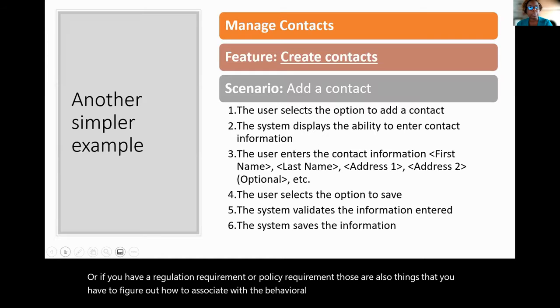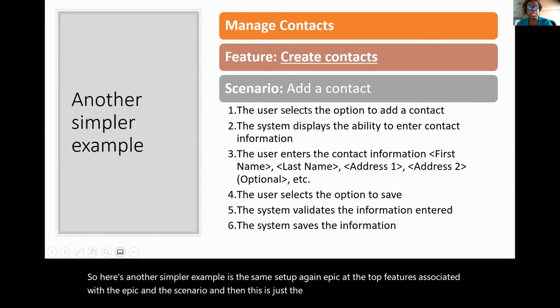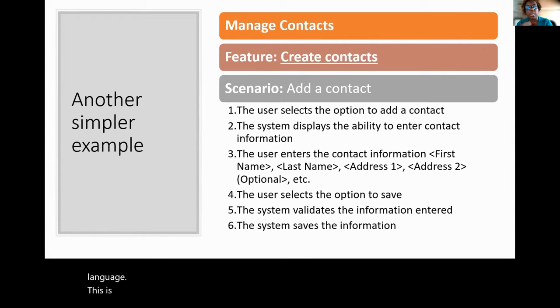So here's another simpler example. It's the same setup. Again, epic at the top, features associated with the epic, and then the scenario. And then this is just a list: 1, 2, 3, 4, 5, 6. Instead of learning another language, this is my behavior-driven approach so that I don't have to learn another language, although I kind of already know it.